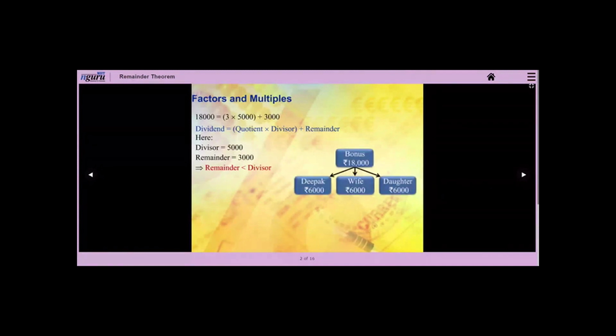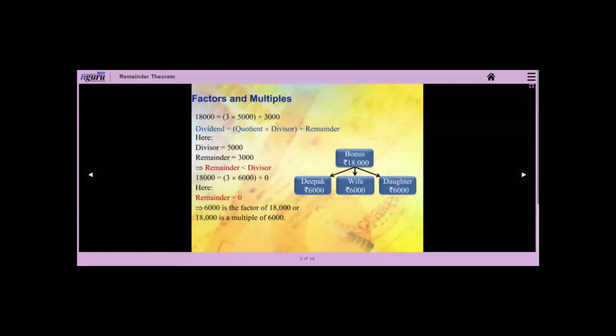If Deepak decides to divide his entire bonus money among himself, his daughter and his wife, giving each 6,000 rupees, the equation would be 18,000 equal to 3 times 6,000 plus 0. The remainder would be equal to 0, so we can say that 6,000 is the factor of 18,000, or 18,000 is a multiple of 6,000.